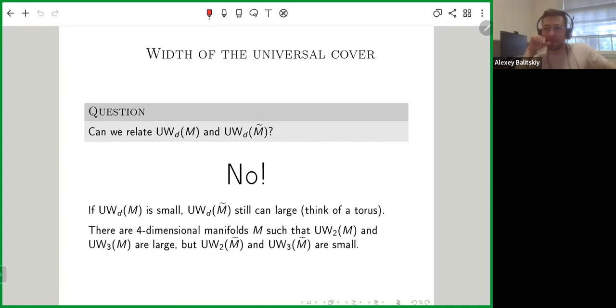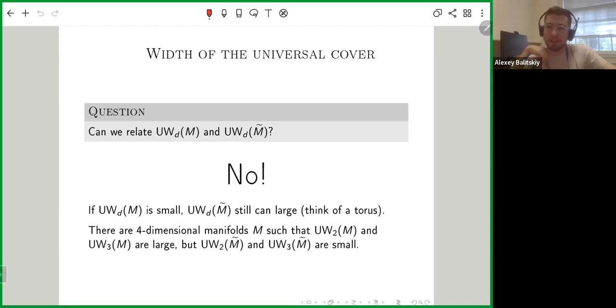Well, the other one also turns out to be false, but I'm not aware of examples below dimension 4. But I can give you examples of 4-dimensional manifolds such that both the 2-dimensional width and 3-dimensional width of the manifold itself are large, but once you pass to the universal cover, somehow it becomes almost 2-dimensional, approximately 2-dimensional.